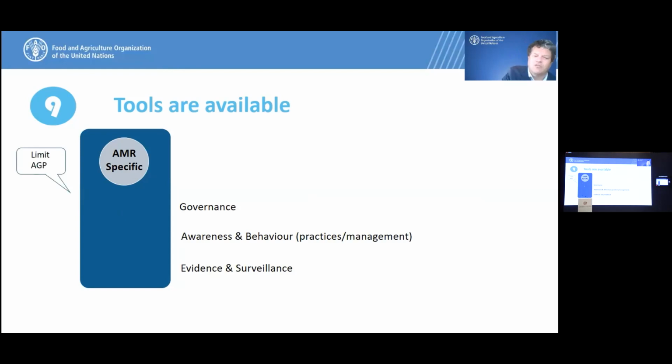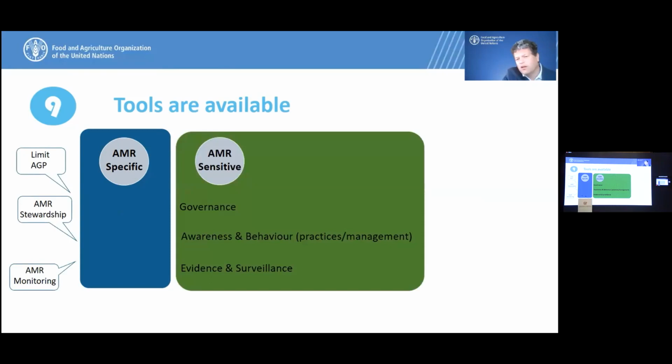Some examples of these things might be to limit the use of antimicrobial growth promotion as a governance tool by regulatory means, legislation. It might mean that AMR stewardship takes place, whether it be in a hospital with prescribing practices or on a farm. And finally, as I mentioned, there are some antimicrobial resistance monitoring programs around the globe.